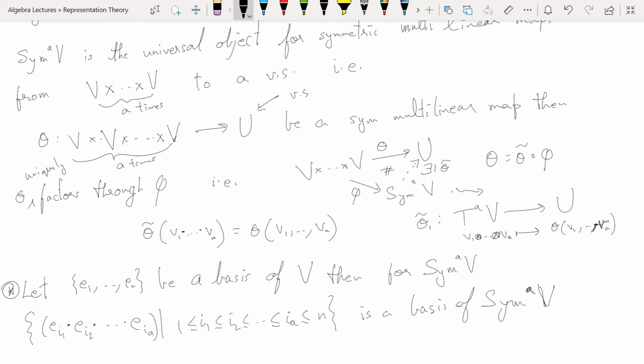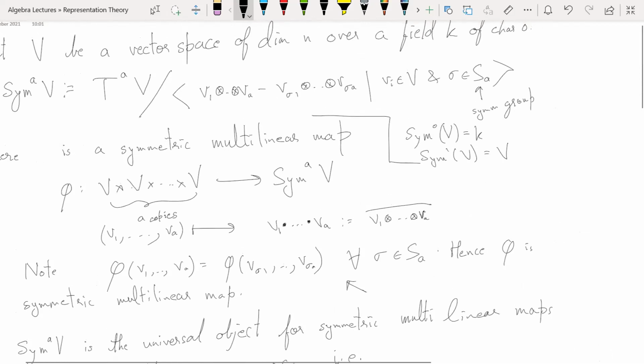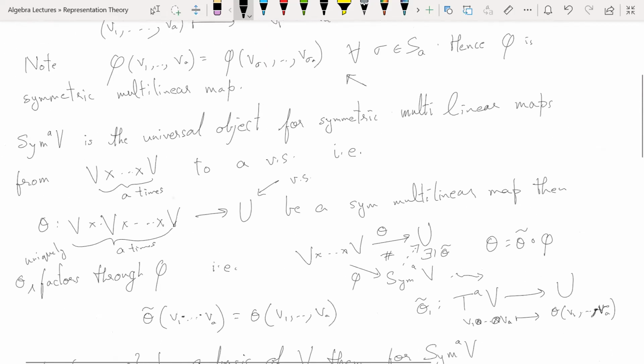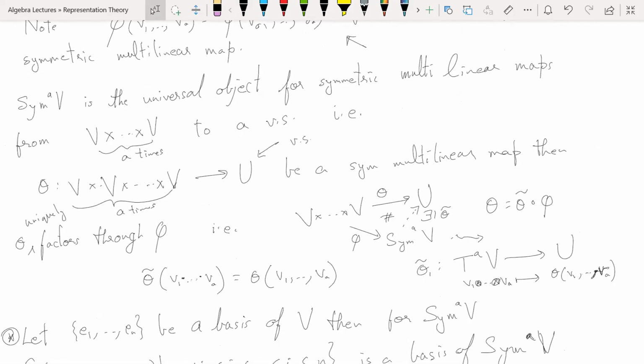So theta 1 tilde is a k-linear map, and since theta is symmetric, v1 to vA and v sigma(1) to v sigma(A) map to the same element. Symmetric means precisely that. So this subspace will go to 0. That subspace is in the kernel, so it induces a unique map theta tilde from this modulo that subspace, by the first isomorphism theorem.